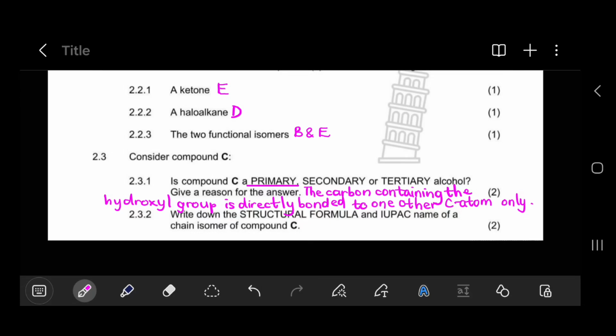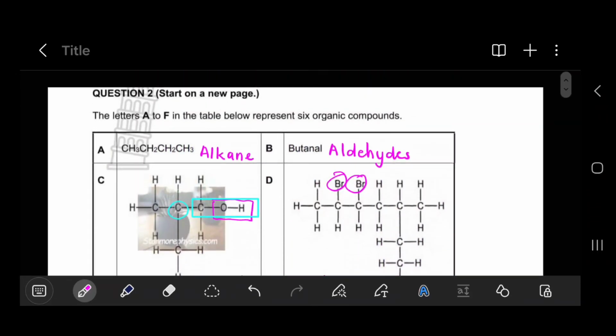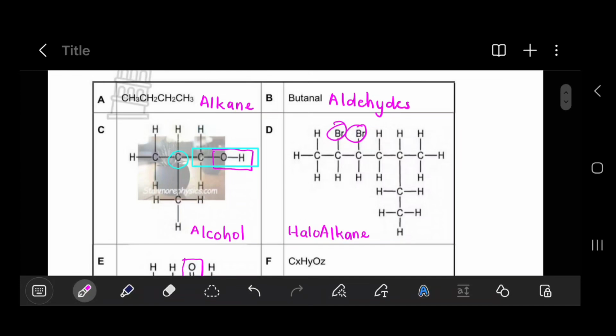Now 2.3.2 says write down the structural formula and IUPAC name of a chain isomer of compound C. So let's have a look at compound C. It's the same alcohol that we're working with. And what is a chain isomer? Those are organic compounds that have the same molecular formula but different chain length.